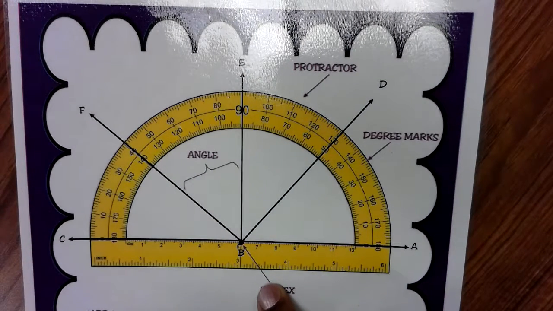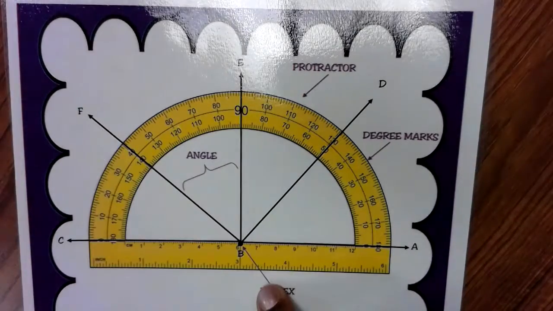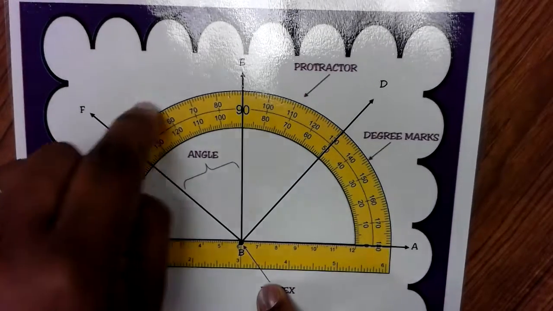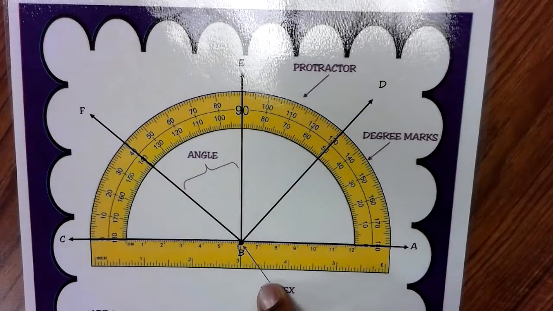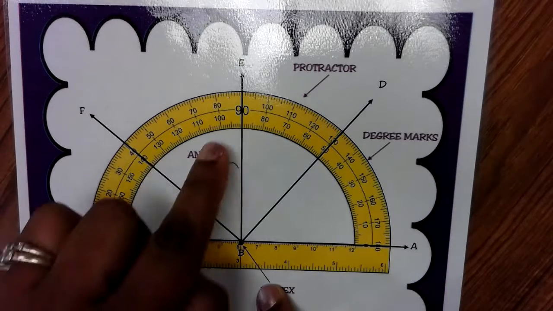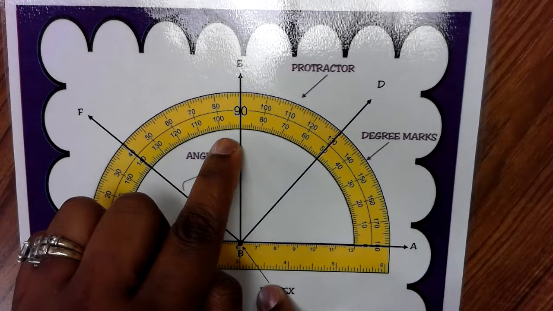What if I wanted to measure angle FBE? Now, in this case, FBE does not start at 0. It actually starts at 40 and it ends at 90. So I can subtract 90 minus 40, and then I know this angle right here is 50 because 90 minus 40 is 50.